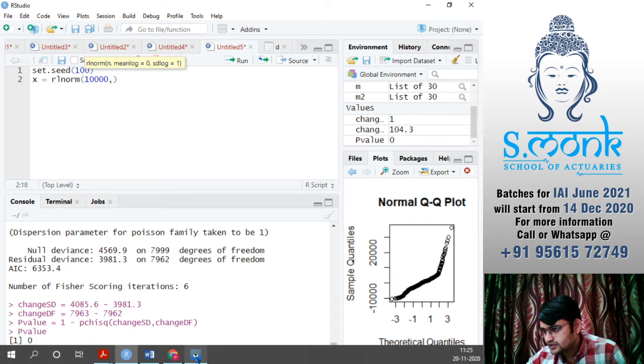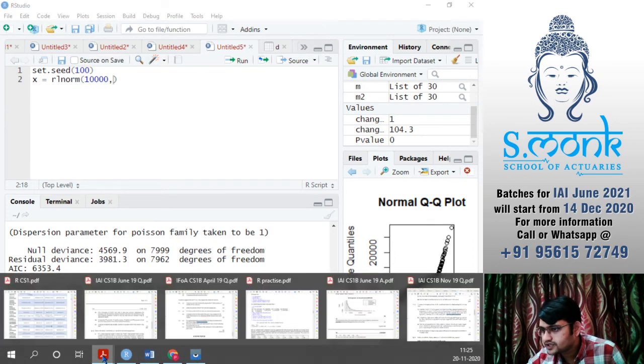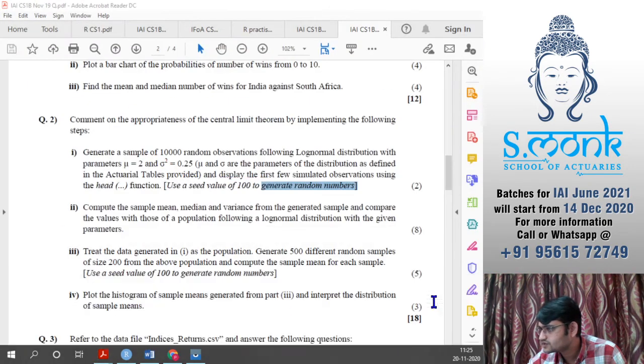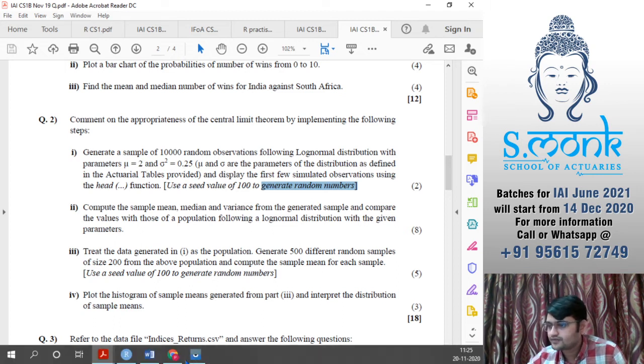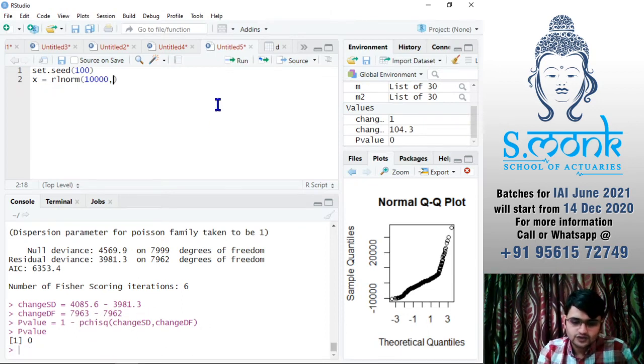So that is 2 comma, what did they say? I think 0.25 in the question. So mu is equal to 2 and sigma will be 0.5. 2 comma 0.5.